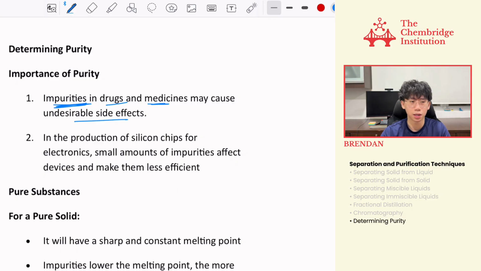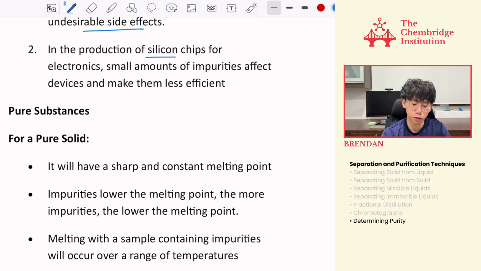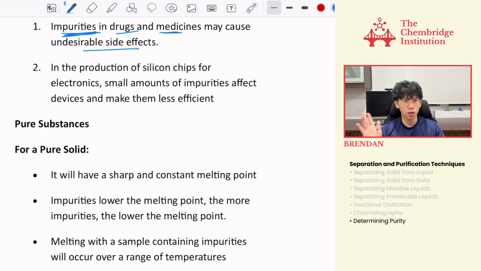So yeah, purity is pretty important. And it's not only relevant to things that you eat, it's also relevant to things that you use. For example, in the production of your silicon chips in your electronics, a small amount of impurities will actually affect its efficiency as well. So you want to watch out for the purity of chemical substances.